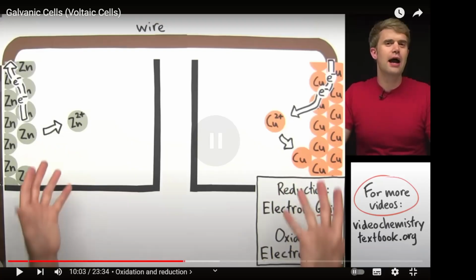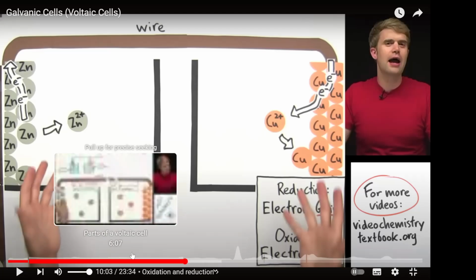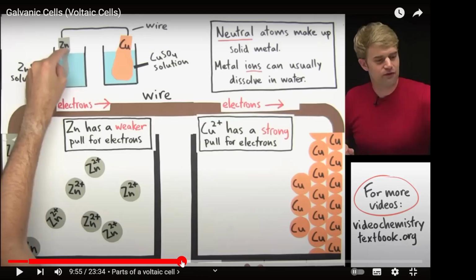Let's just go back to that for a second. I just wanted to point out that this is something that happens in all galvanic cells. Well, not all of them. There are some where it doesn't, because they don't involve a metal. But in any one where you have a metal in the half reactions, the anode will get smaller as it gets oxidized.